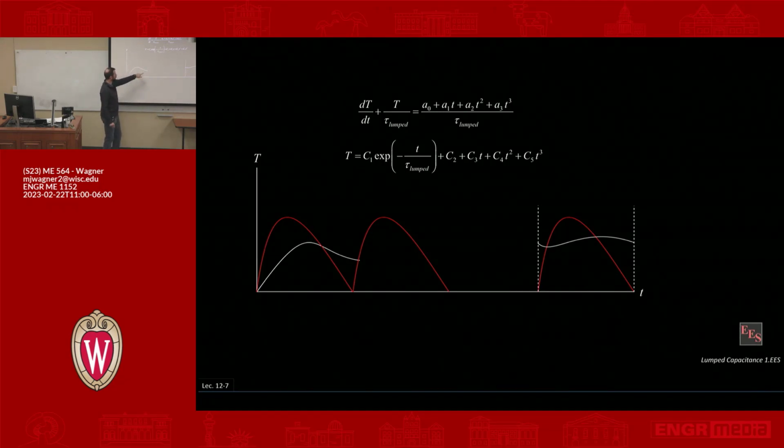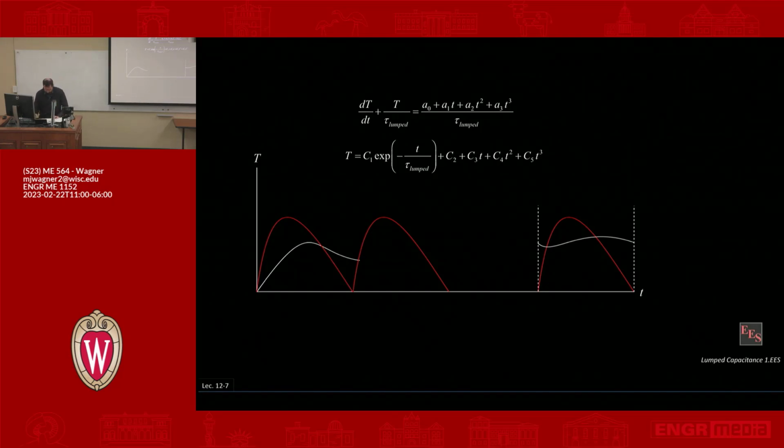In the end, you'd expect something kind of like this, where it's come up to some temperature and it cycles as it follows the ambient condition. But it's not starting at the initial temperature. So how would we model something like this? It turns out it's really simple. We have the exact same derivation.